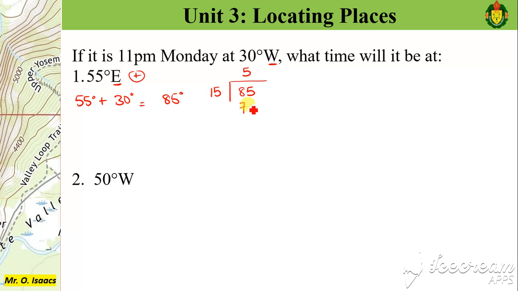And in this case we're going to be left with 75, because if we go up to 6 it's going to be 90, and that would pass 85. So we're left with 75. Then you subtract, you're left with 10 degrees. Remember, the principle stated that every degree is equal to 4 minutes.